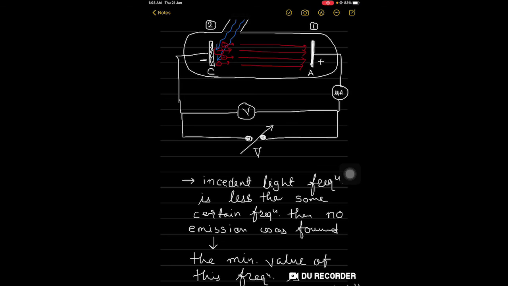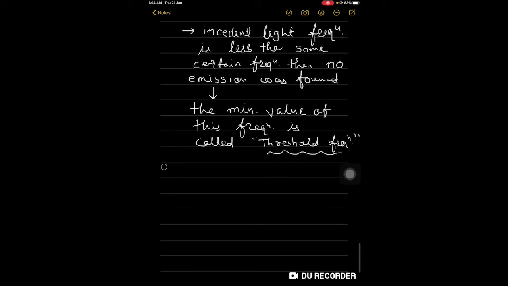Now, it was found that certain metallic plates like zinc, cadmium, then magnesium, etc. respond only to UV light.